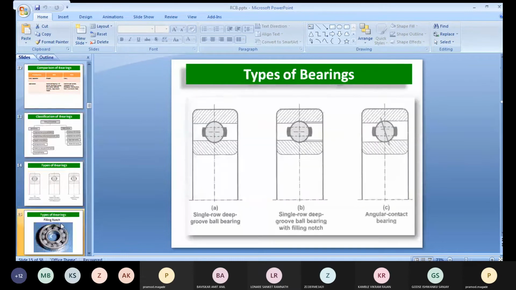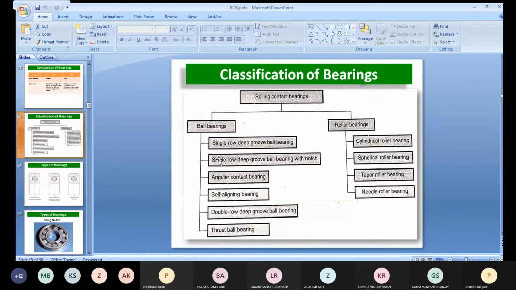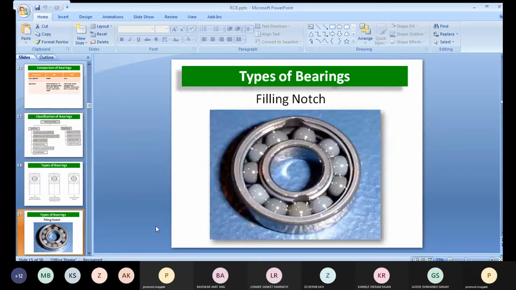Now, after this, second will be the single row deep groove ball bearing with notch. So notch is provided basically for removing and adding the balls. You can see here is the notch. So notch will help to remove the balls which have more deformation.